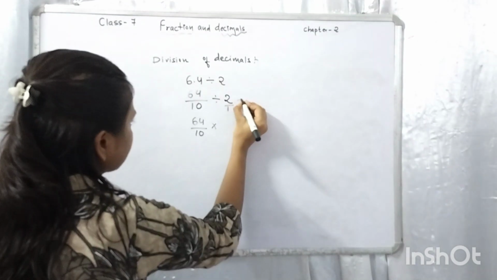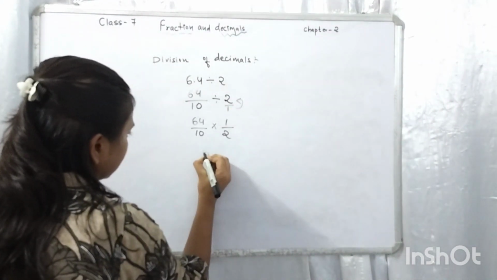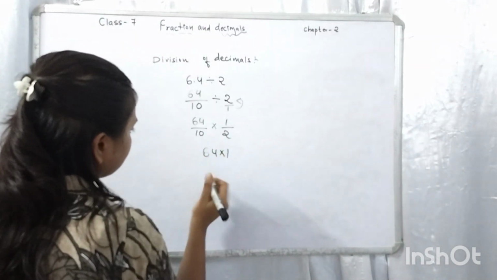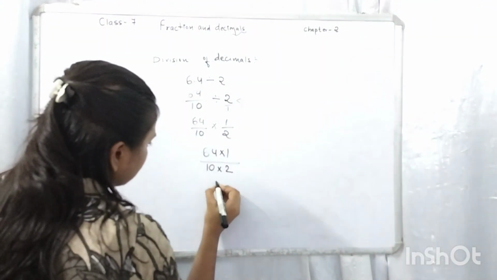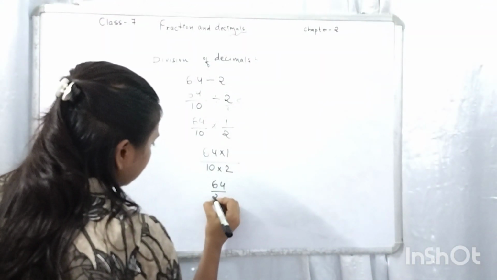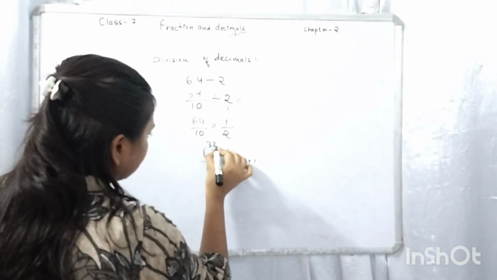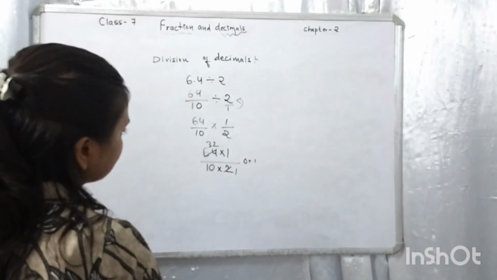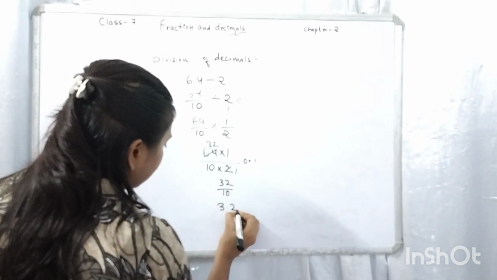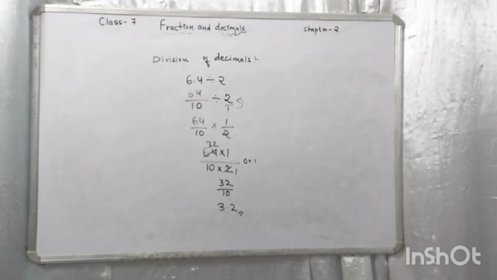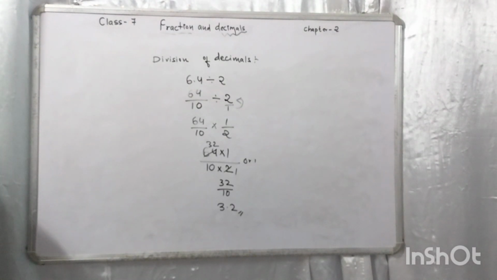So when we will reciprocate, 1 will go above and 2 will come below. So now 64 into 1 by 10 into 2. Fine. So 64 by 20, or you can write 2 ones are 2, 32. So directly you can write it as 32 by 10. It can be written as 3.2. Fine. So this is how we divide a number by a whole number.